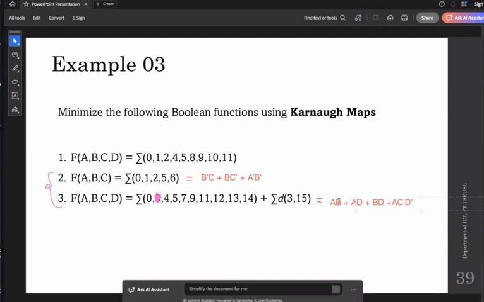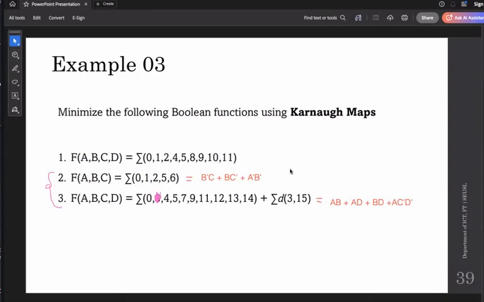Okay, I think I have got an answer from one of your friends. The last one, A bar C bar D bar. A bar, this one, no? Yes, A bar C bar D bar.